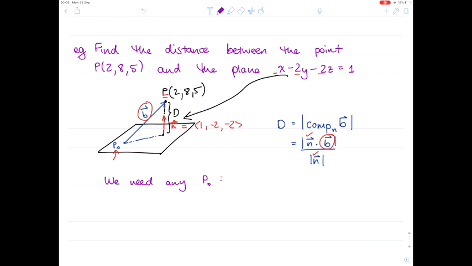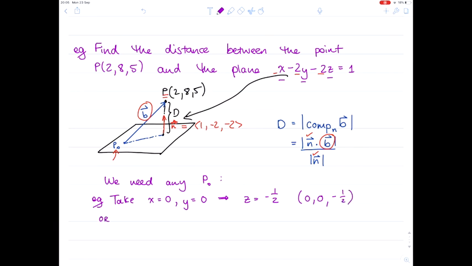So what can we do? Well, if you take values of x and y, then you can find the corresponding value of z on the plane. So for example, we could take x equals 0 and y equals 0, and that gives us that z is equal to minus a half. So we know that the point 0, 0, minus half lies on the plane.